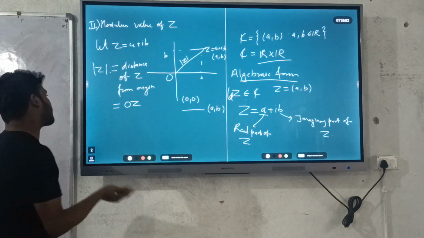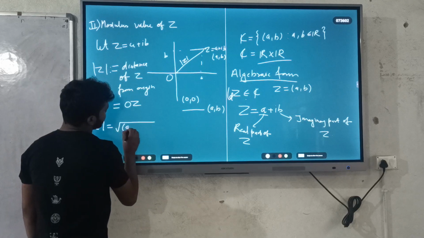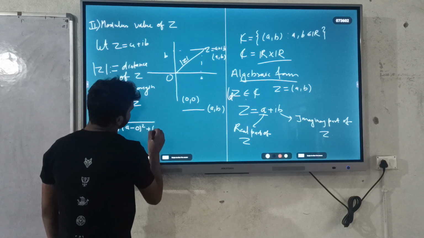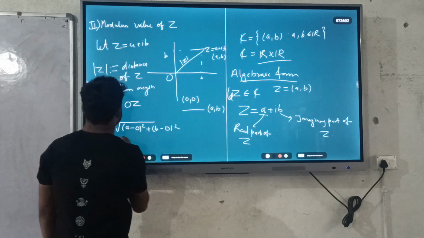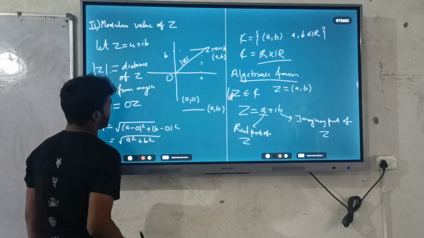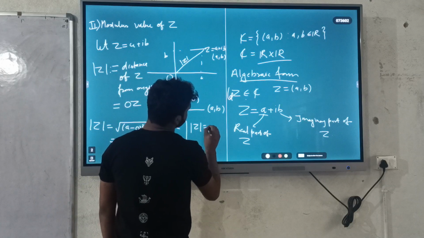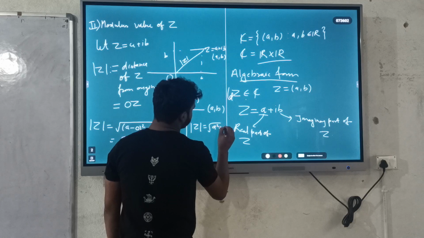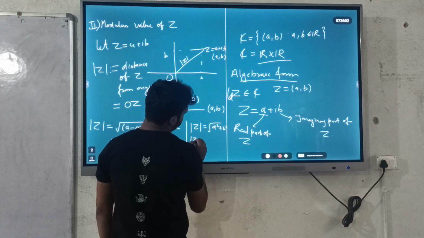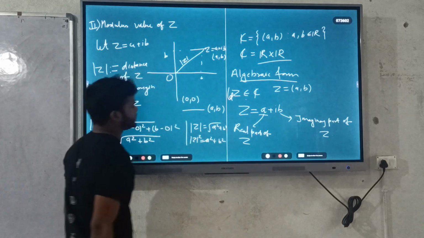By using the distance formula, we easily calculate mod z is equal to the square root of (a minus 0) square plus (b minus 0) square. That becomes the square root of a square plus b square. So mod z is equal to the square root of a square plus b square.